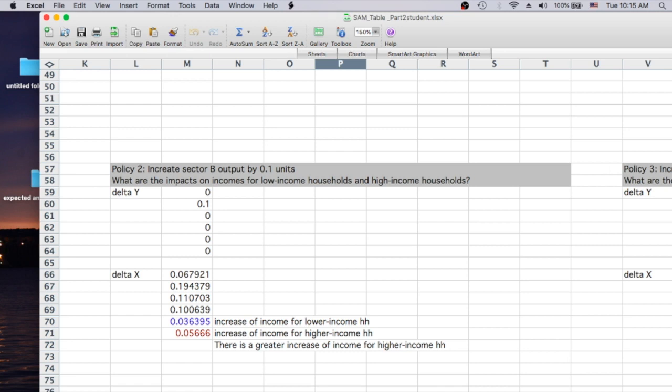The second possibility is that there can be differences in the composition of required labor inputs. So if an industry requires inputs of a highly trained or highly educated specialized labor force, it would generate high salary jobs for higher income households, but not as many low salary jobs, which can cast different impacts on different households as well.